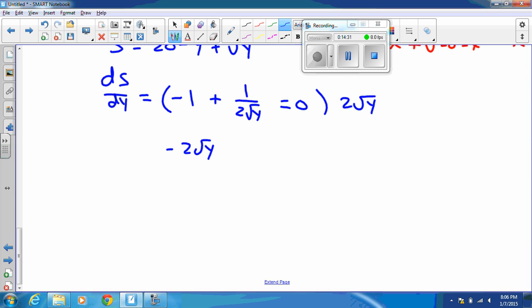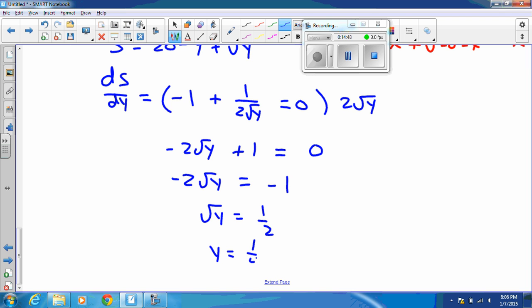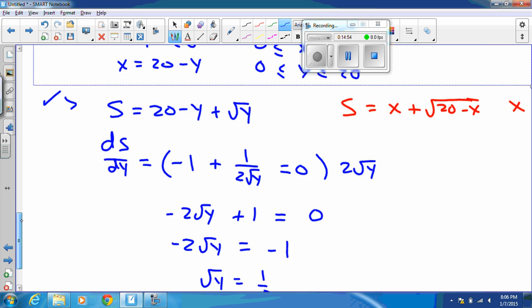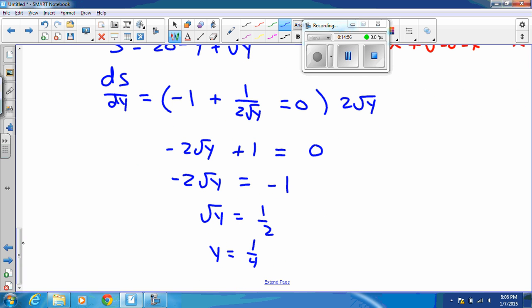And when we do, we get the equation negative 2 root y plus 1 is equal to 0. Continuing our algebra by subtracting 1 from both sides, dividing both sides by negative 2, and squaring both sides, we get y is equal to 1/2 squared, which is 1/4.